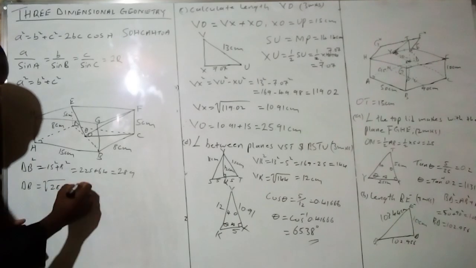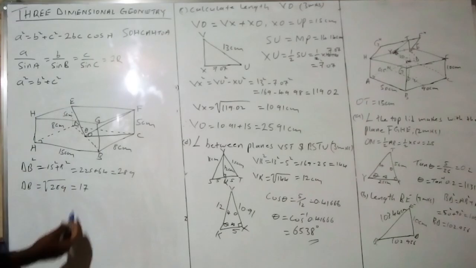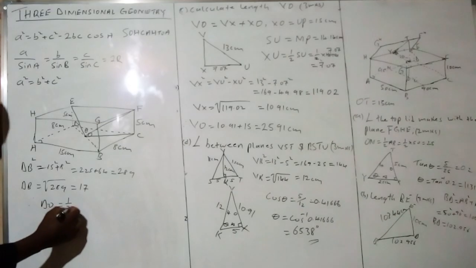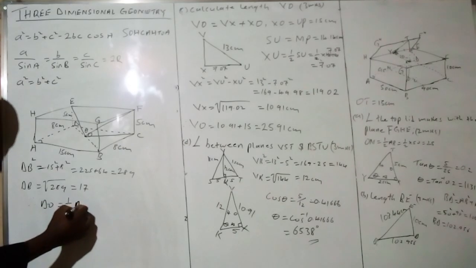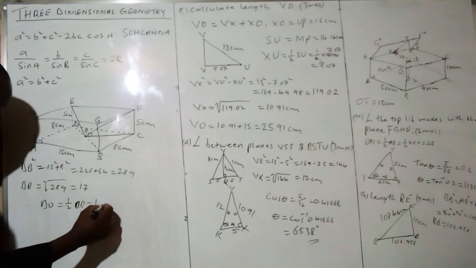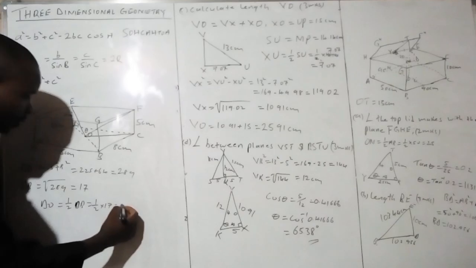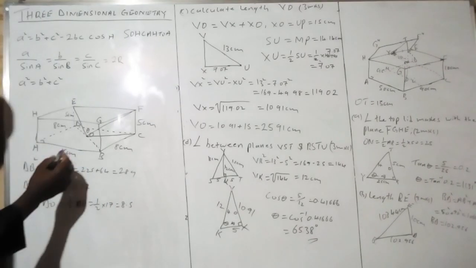So DB is 17. Therefore, DO is equal to half of DB, a half times 17 is 8.5. So DO is 8.5.